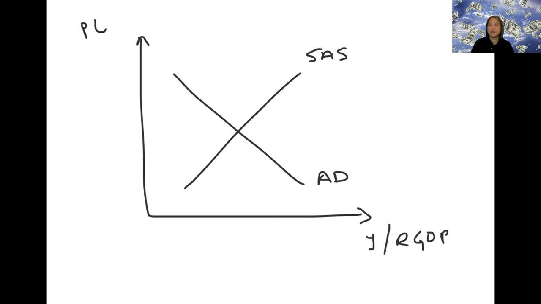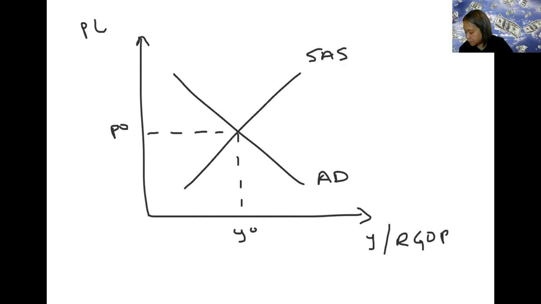Where they intersect defines our current output, our output today. We have our price level at P0, and we have our Y0 of our current output.